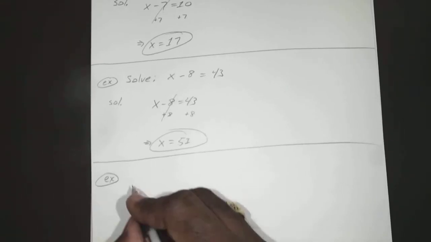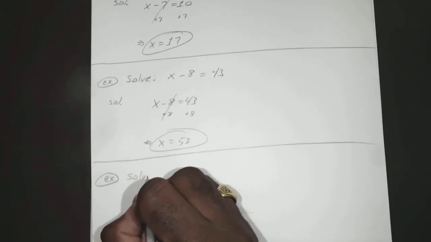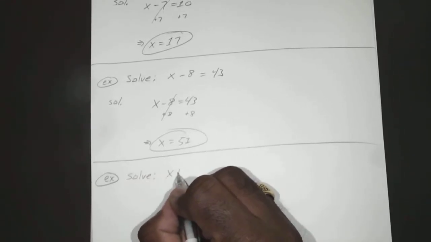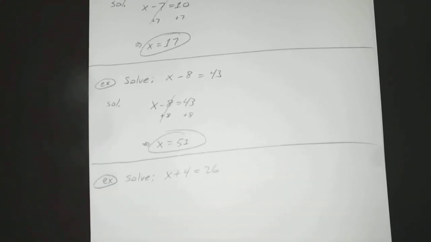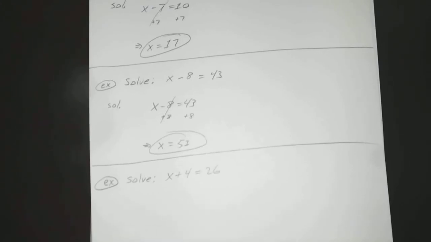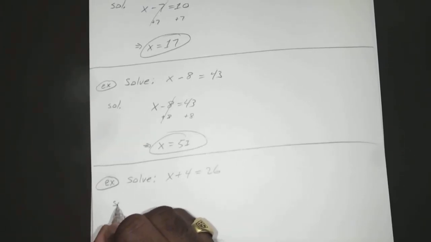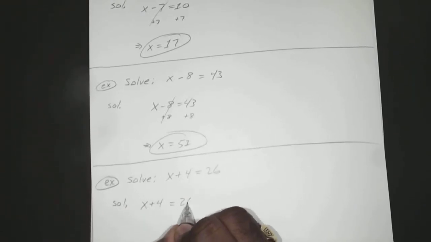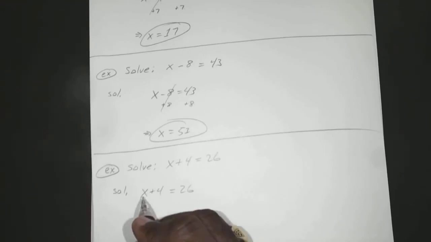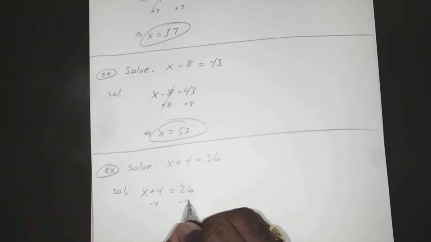Okay, so let's say, for example, we wanted to solve x plus 4 equals 26. Before we had x minus, which meant we had to add to both sides. When you have an x plus, you want to subtract on both sides. So we just subtract 4 from both sides.